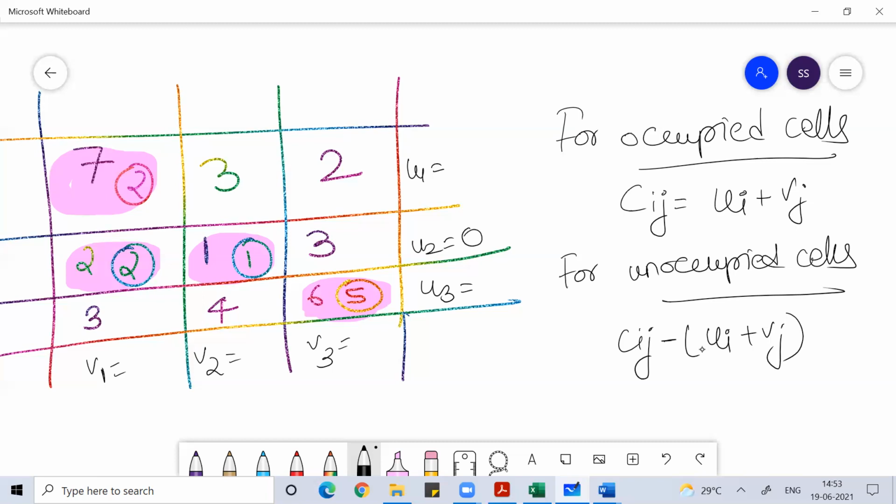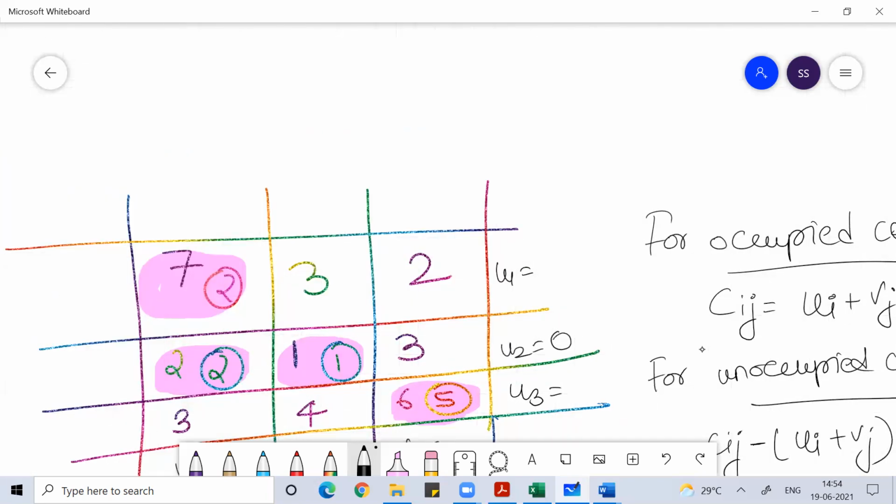A13 is first row, third column, like that. So with this you can do the allocation. If I say C11, then C11 is 7. That is the cost value. The allocation is something else, the cost is something else. You can easily understand where the allocation is and what the cost is. C11 means 7, first row, first column.